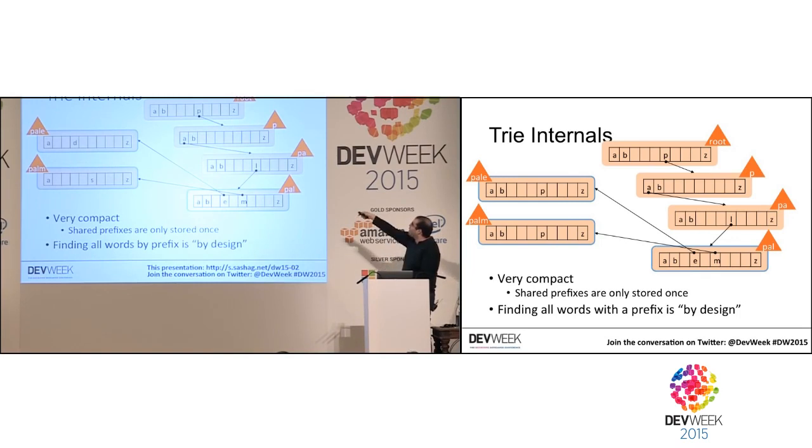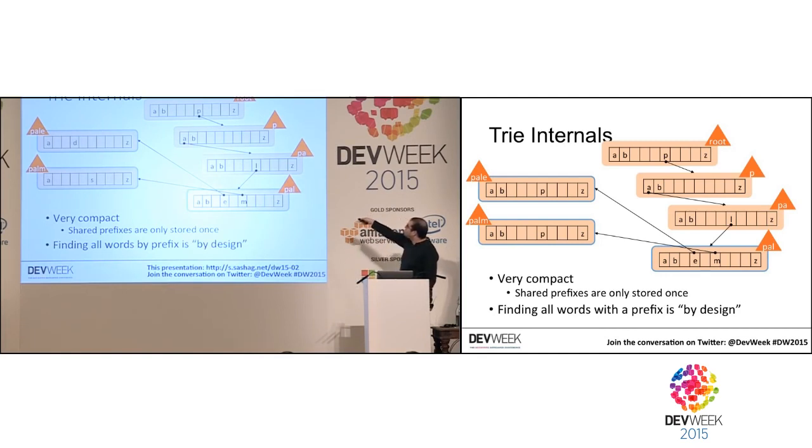Now, say we have the letter P over here, so the index for P in the array points to another node in the tree. And that's the node for P. Now, this P here has 26 children as well. And the A over here points to the PA node, right? So you see the path is shaping up the prefixes.